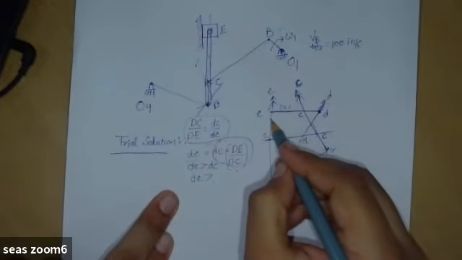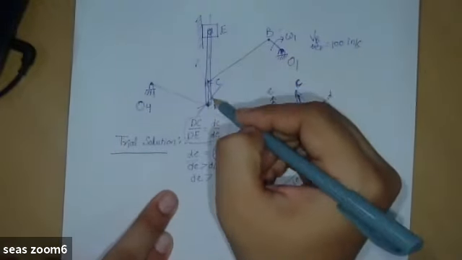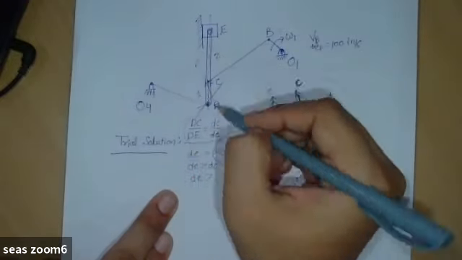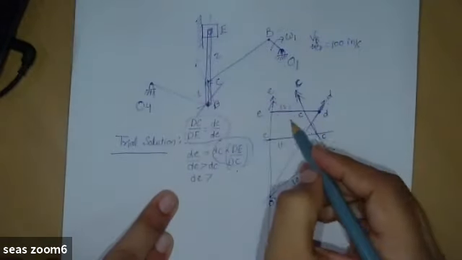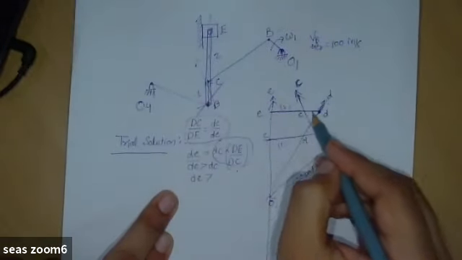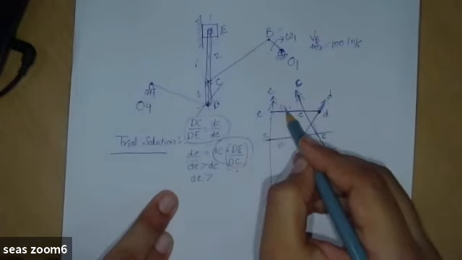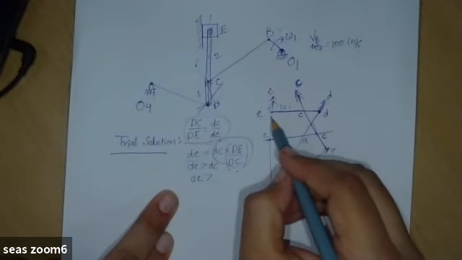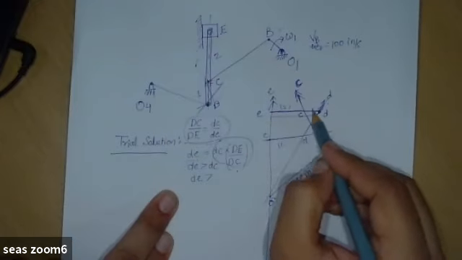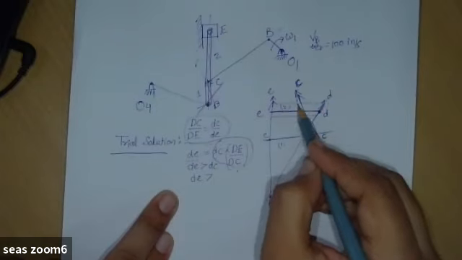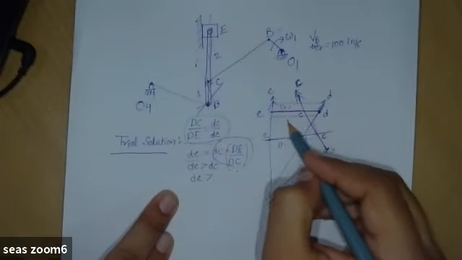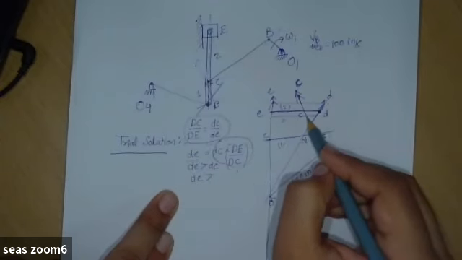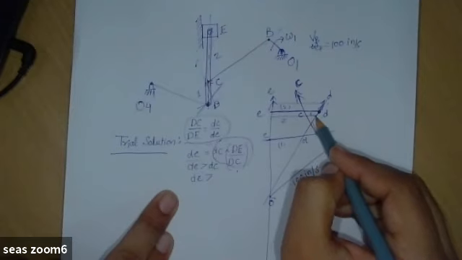Again, you draw a line because you know all these dimensional variations. Let's say this is part 2, this is the ratio 1, in dimensional ratio, which actually means that if this is 2, this should be 1. So you can again draw a line which may go upside, which may go downwards, such that the ratio becomes 2 is to 1. So if DE is 2 and DC is 1, then it is a correct solution.